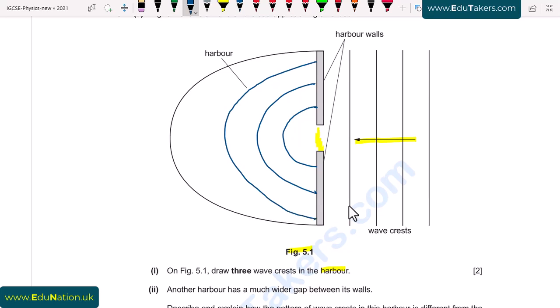We know that the wavelength is the distance between two consecutive crests or troughs. First of all we have to find this distance, that is equal to lambda, one wavelength. We should be careful that the distance between all of these crests is equal to lambda. So these are the 3 crests in the harbor.